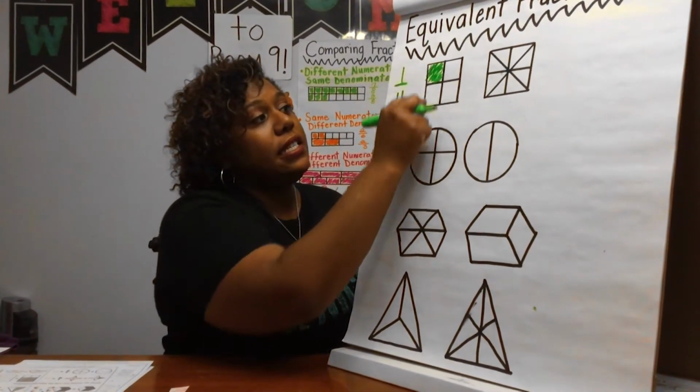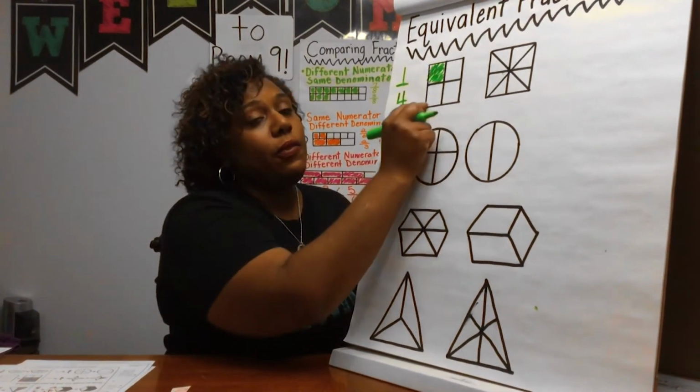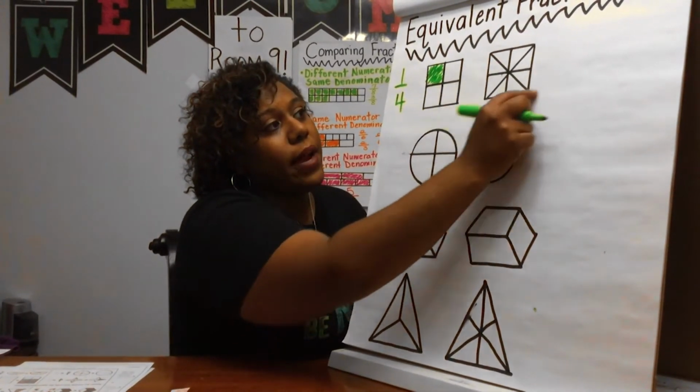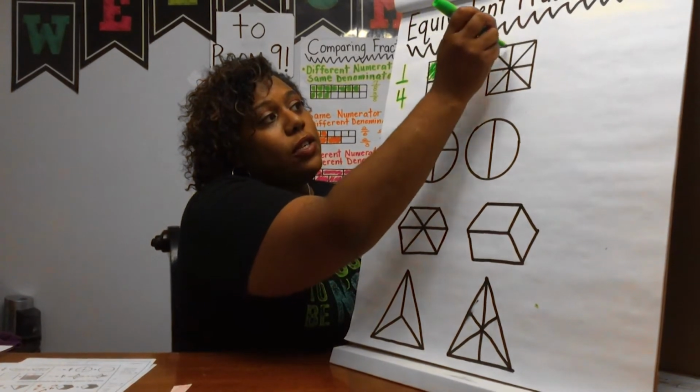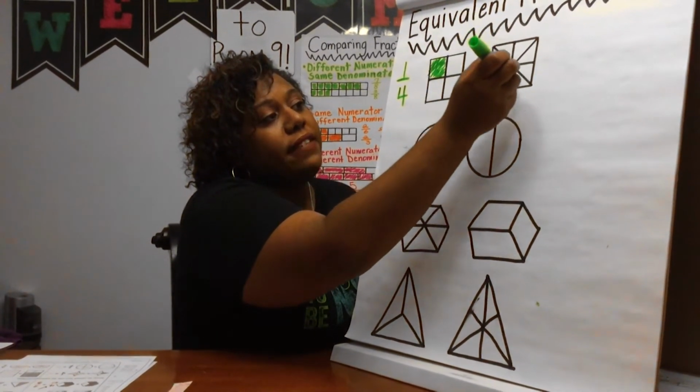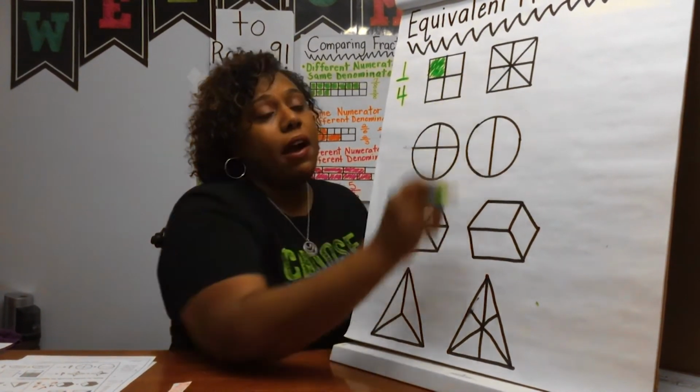So for instance, this square is into 4 parts. But look at this square, same size square, and it has 1, 2, 3, 4, 5, 6, 7, 8 parts.